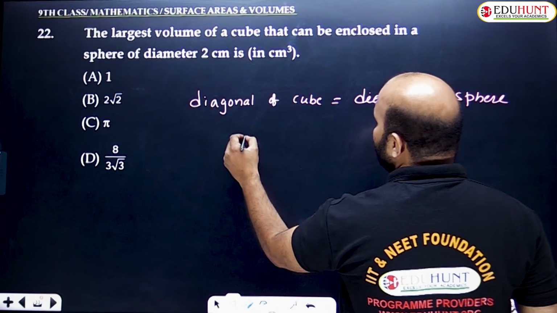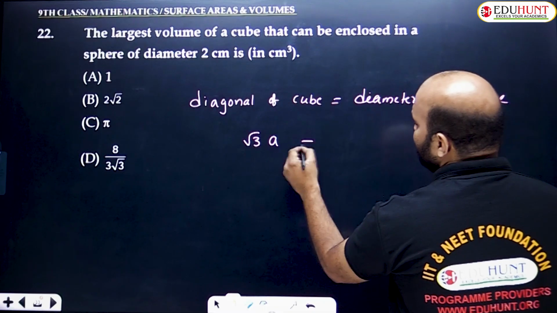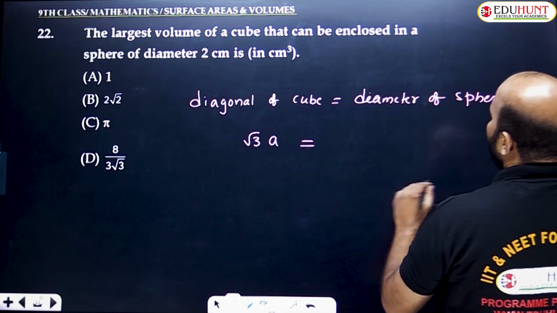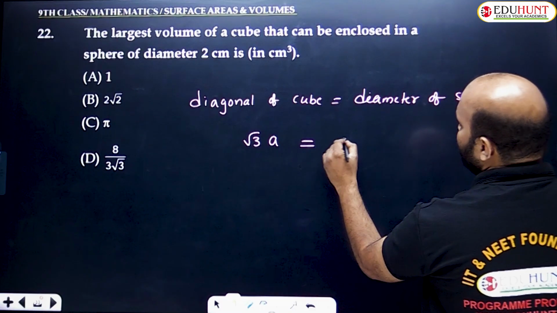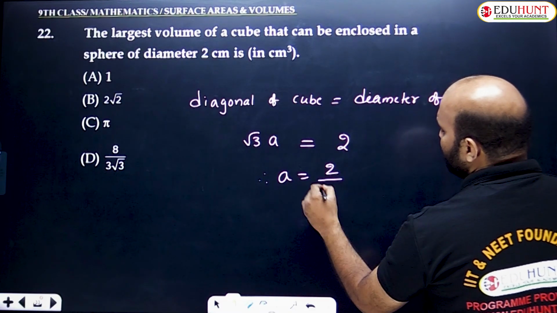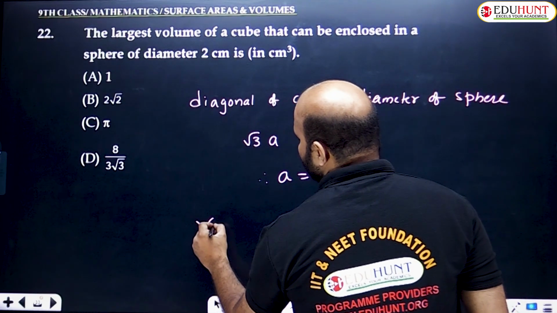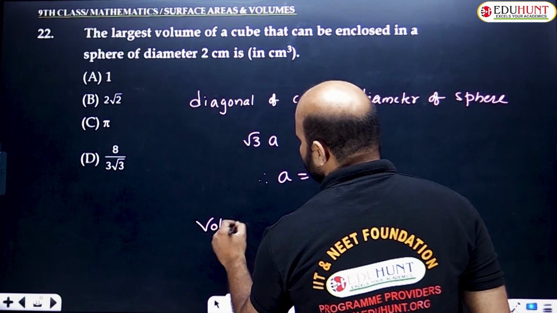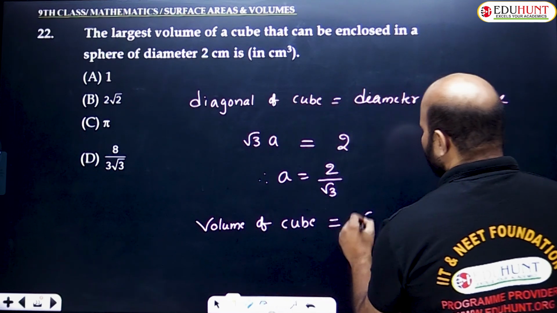First, the diagonal of the cube equals root 3 into a. Here small a stands for the side of the cube, equal to the diameter of the sphere. The diameter of the sphere already given is 2 centimeters. That means a equals 2 by root 3. But the question asks for the volume of the cube. Volume of the cube equals a cube.